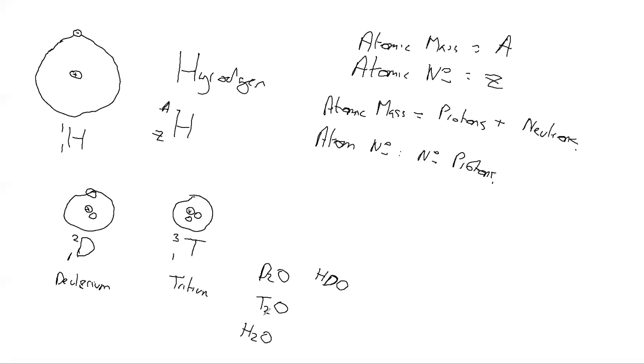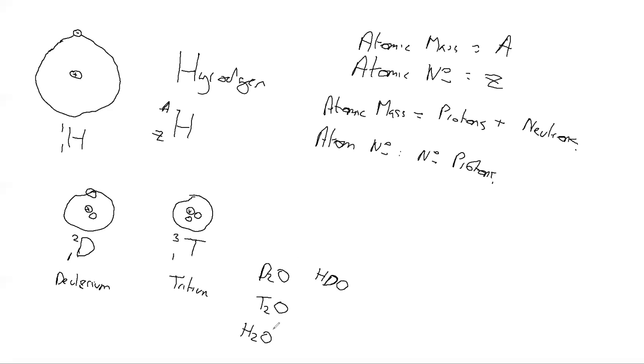But you can get different forms, and even though at the end of the day they contain different numbers of neutrons, they are chemically the same. So D2O should behave the same as H2O, and the same as T2O. So chemically, they'll behave the same.